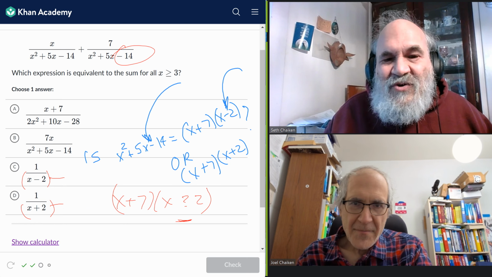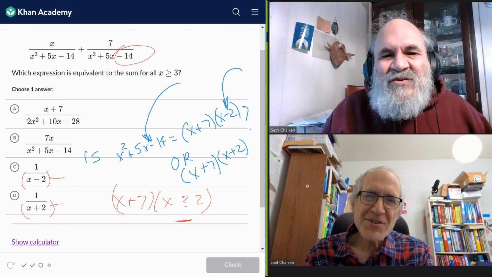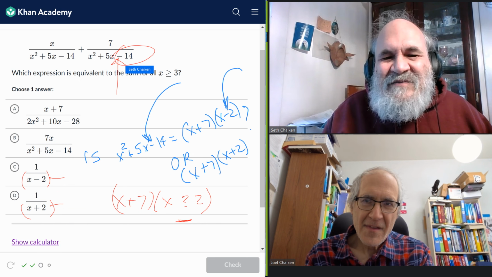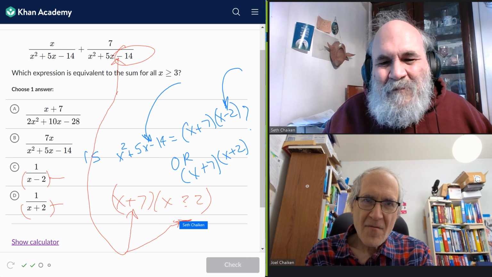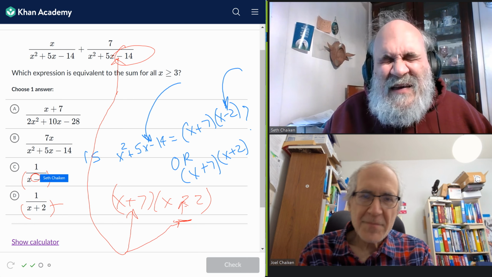Absolutely. So you don't even have to think that 7 times 2 is 14. You just have to think that this is negative implies that the question mark is negative, and so you pick the one with the negative there.